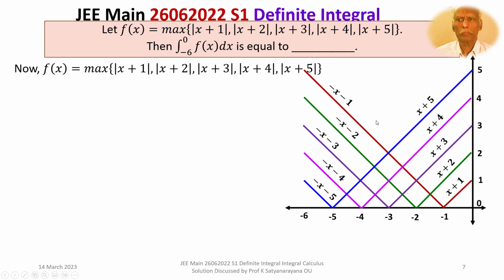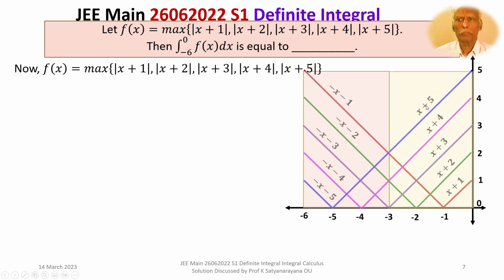From minus 6 to minus 3, the maximum is minus x minus 1. And from minus 3 to 0, the maximum is x plus 5.